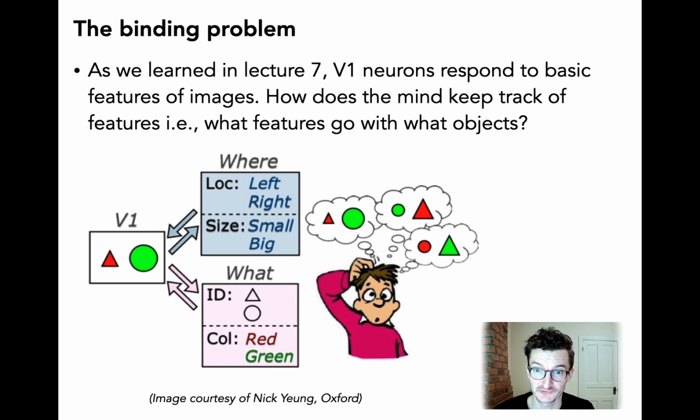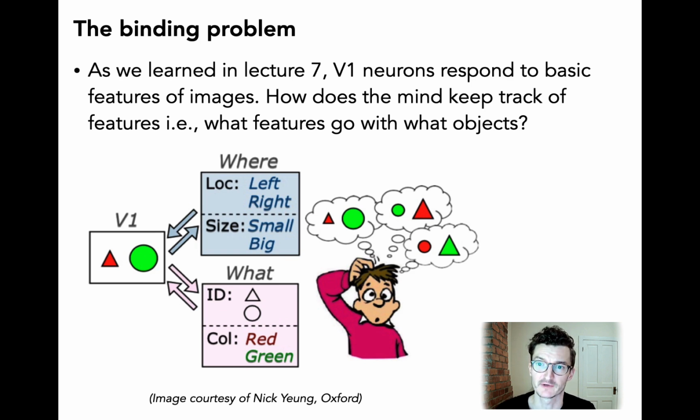And feature detection cells in primary visual cortex respond to these basic features and build the image back up. And this process occurs via two streams, the dorsal stream and the ventral stream. So a stream that is concerned with where things are in space and how we interact with them, and a stream that's concerned with identifying objects.